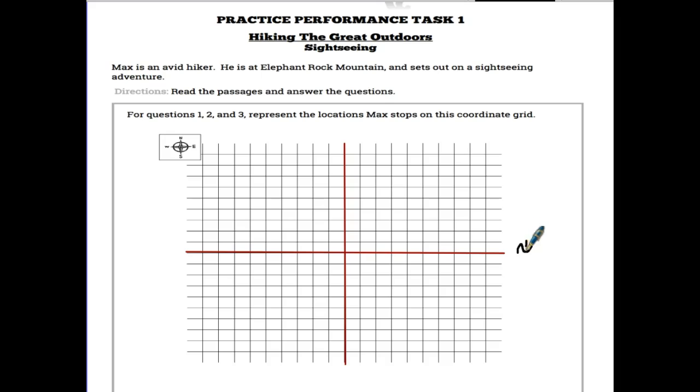Here's my X, here's my Y, and you need to number these, and you have some points that are less than a whole number. So you needed to figure out where you would put your points.